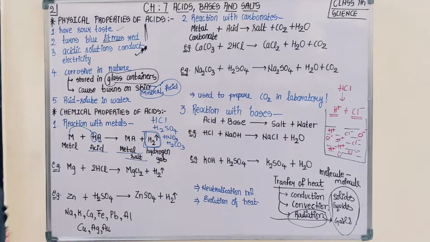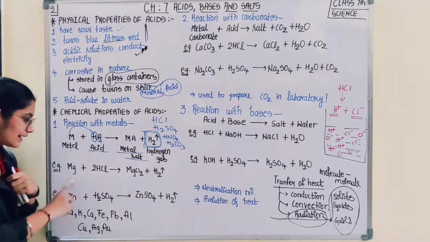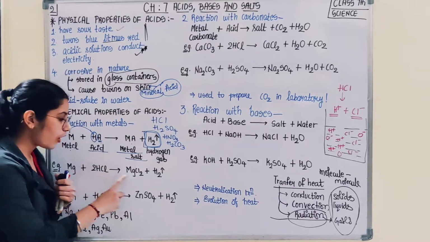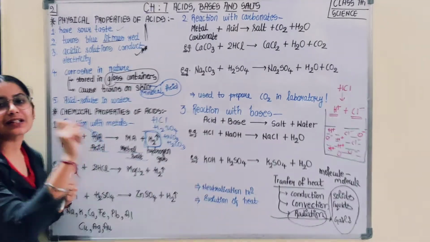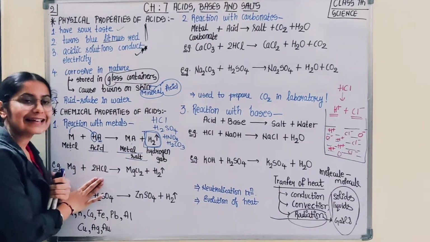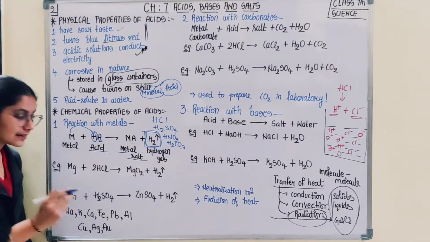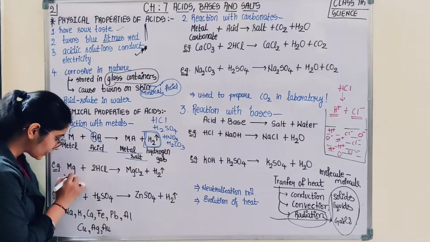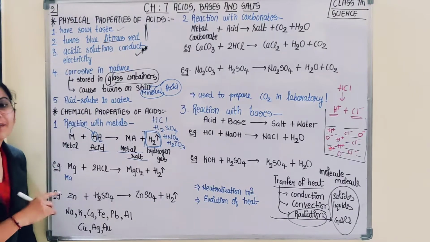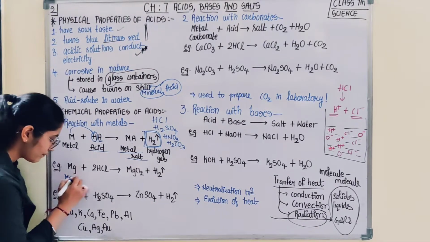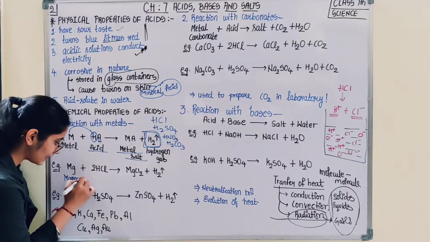So some examples are given. When metal reacts with acid, it forms metal salt and hydrogen gas evolves. When you write a reaction, always make a habit of writing the full name below the symbol of the given element or molecule. So this is the metal magnesium.